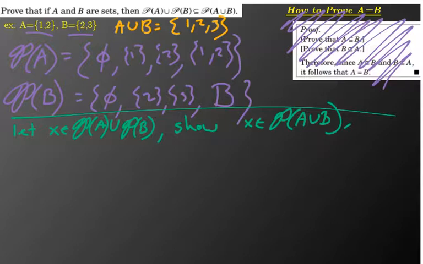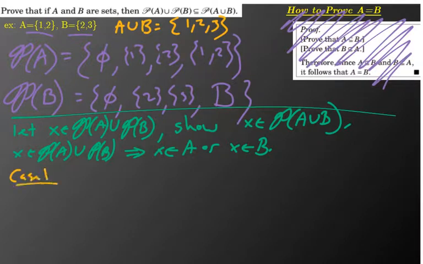So if you just follow the definition of union, I'm going to say X in the power set of A union power set of B implies that X is in the power set of A or X is in the power set of B. So now I'm going to do some cases.